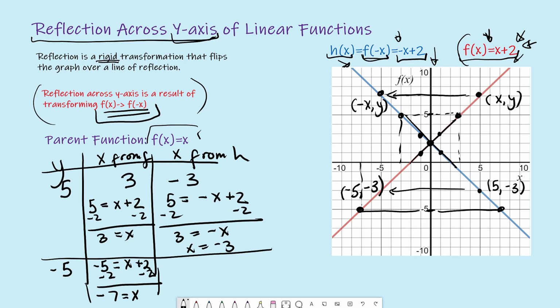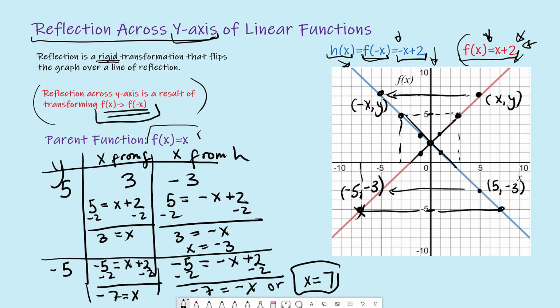And that is indeed what we have here, right? Let's find what our x would be from our h of x. h of x is -5, again, equals -x plus 2. Let's subtract 2. So we have -5 minus 2, so -7 equals -x, or x equals 7. And indeed, here, that's 7, right? So we got our 2 points.